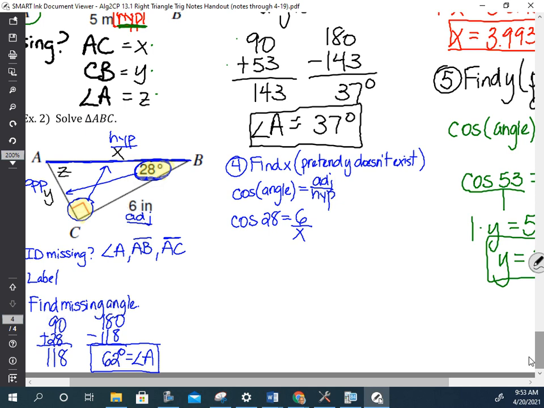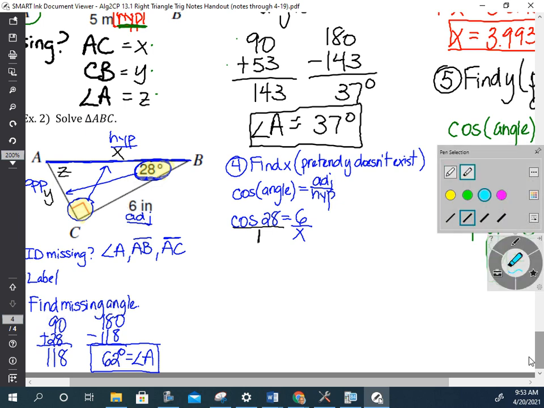Time to start cross multiplying. Take cosine 28, put it over 1. Now we're going to cross multiply. Cosine of 28 gets multiplied times x, and 6 will get multiplied times 1.